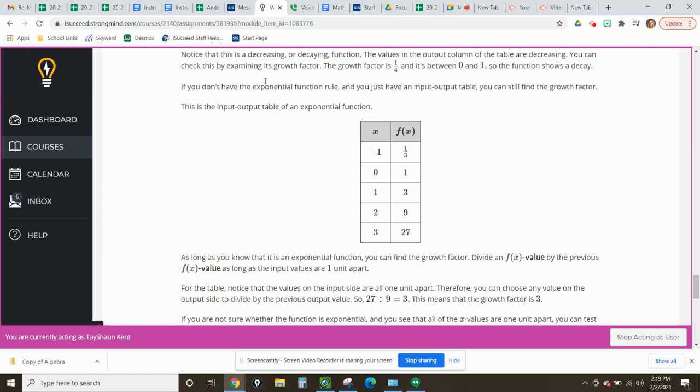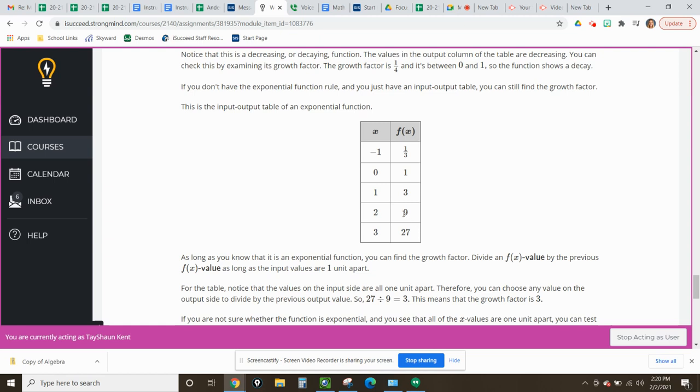Okay, so if you don't have an exponential function rule and you just have an input-output table, you can still find the growth factor. Pretend they didn't tell us what it equals yet, they just gave us an input-output table. We can still figure out the growth factor, as long as you know that it is an exponential function. Divide any of the f of x values, the output values, by the previous term.